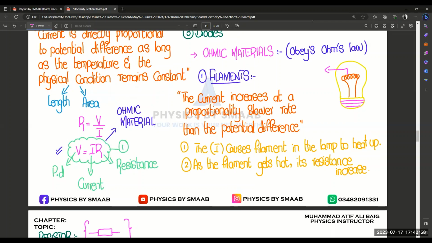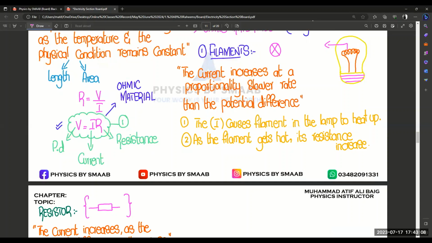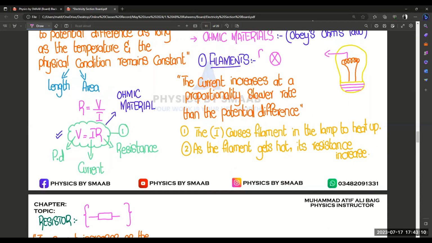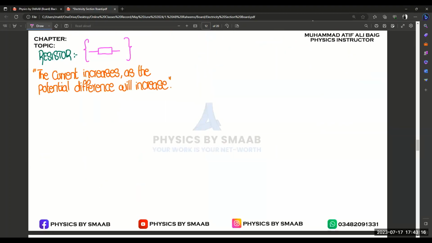And for the filament, you just need to draw a circle and a cross in between. So that is the symbol for a filament, right? So these are the symbols. In this situation, when current increases, potential difference will automatically increase.